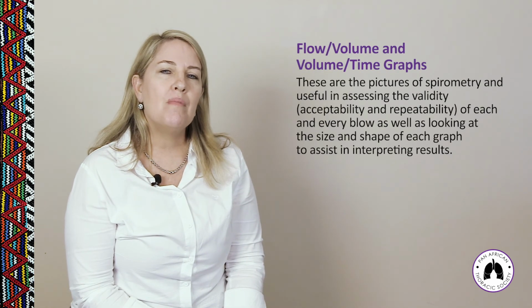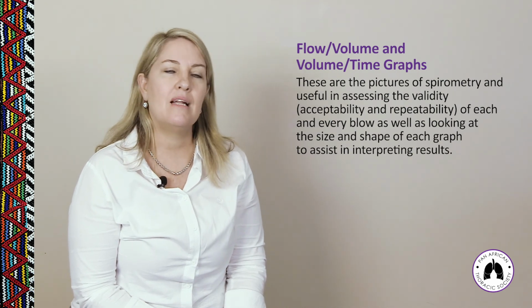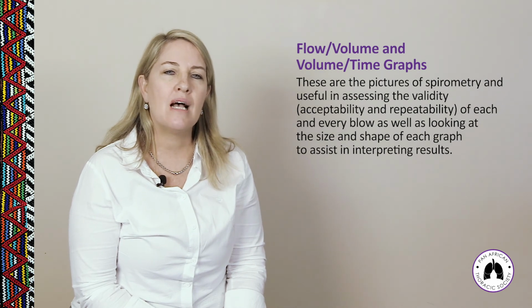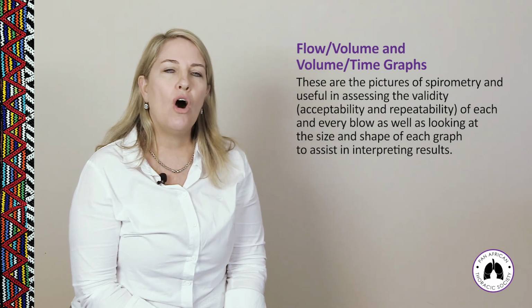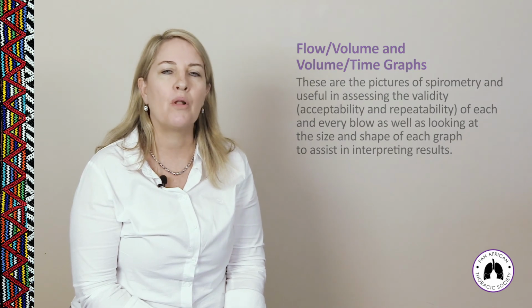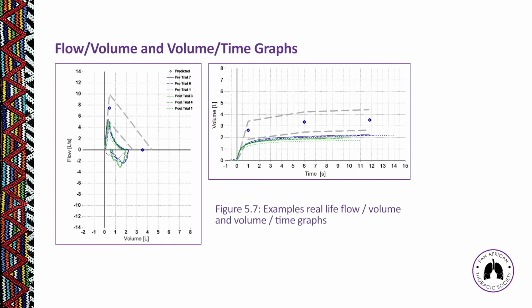The flow volume and volume time graphs are the pictures of spirometry, and we looked at that in chapter 1. And we need to be looking at the shape and size of each one of the curves on the flow volume and volume time graphs of the child's actual blow. So looking at figure 5.7, this is an example of a real-life flow volume and volume time graph.